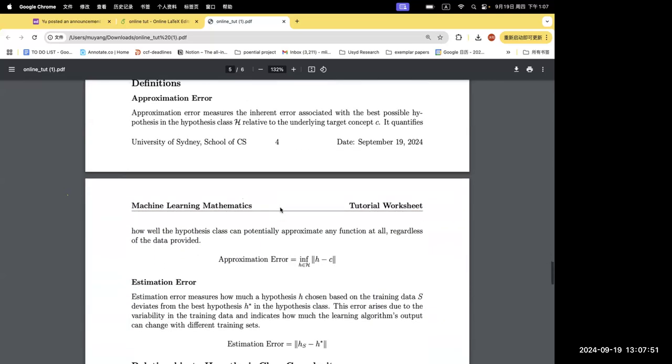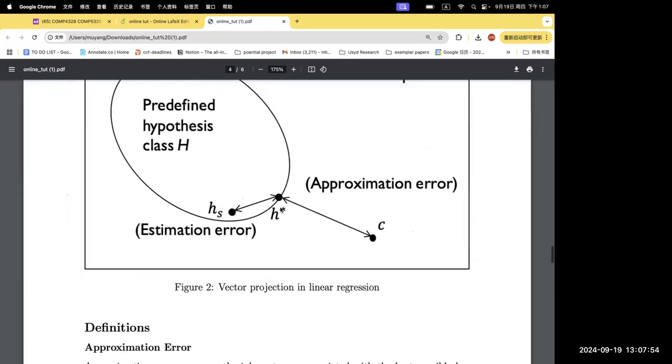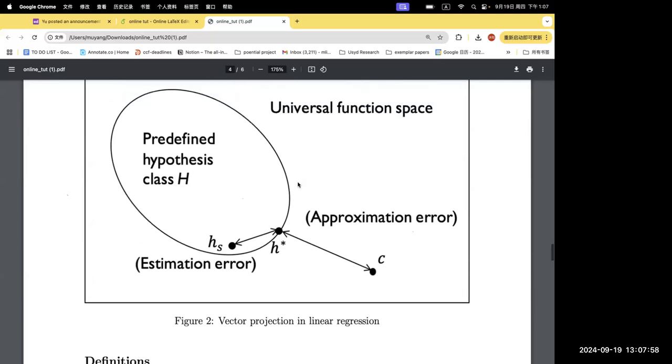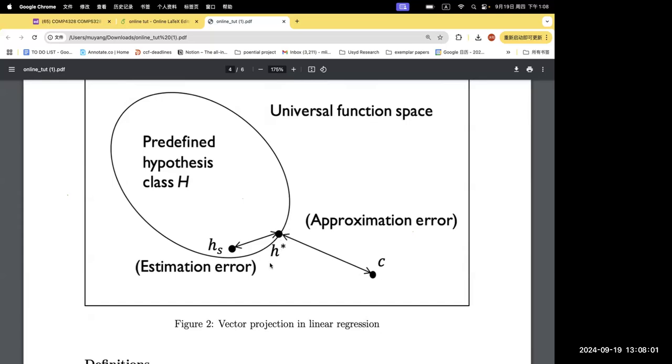Basically, we know that the approximation error measures how good your predefined hypothesis class is. It measures the distance from the optimal hypothesis within your predefined hypothesis class to the target concept. Once again, the target concept is the true mechanism for the generation of the data, the golden standard for how the data is generated or labeled.